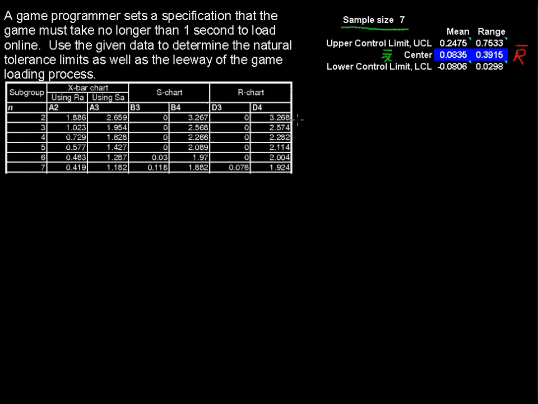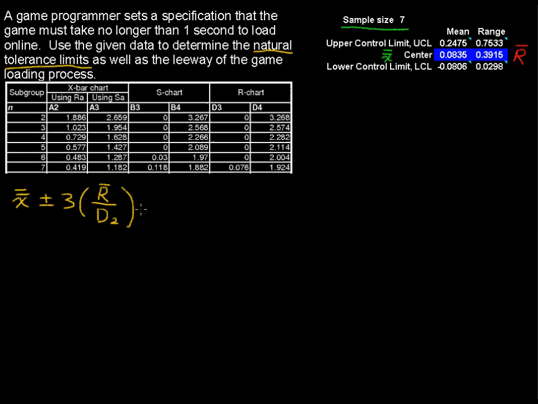So we can use some of this information to build a natural tolerance limit. And so I'm going to do that in yellow. Let's just code this. The natural tolerance limit. Well, that's going to be the mean of the means, x bar bar, plus or minus 3 times the mean of the ranges divided by d sub 2.